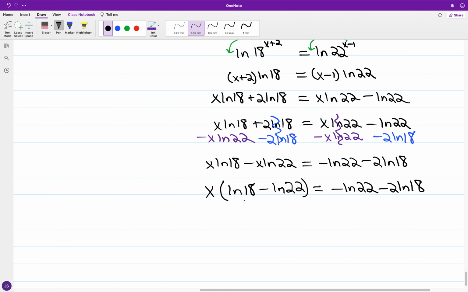Once I get it down to x, I'm going to divide by the natural log of 18 minus the natural logarithm of 22.